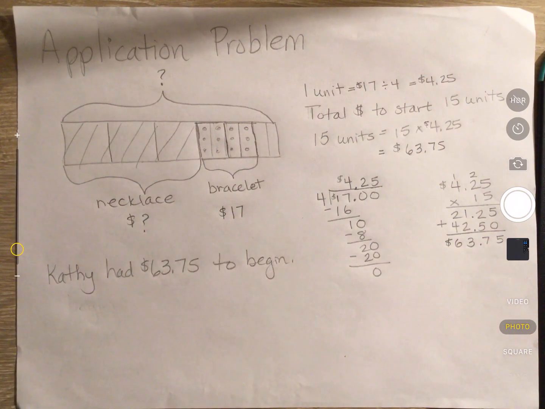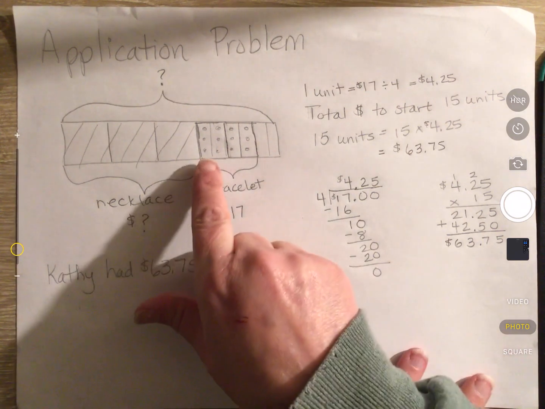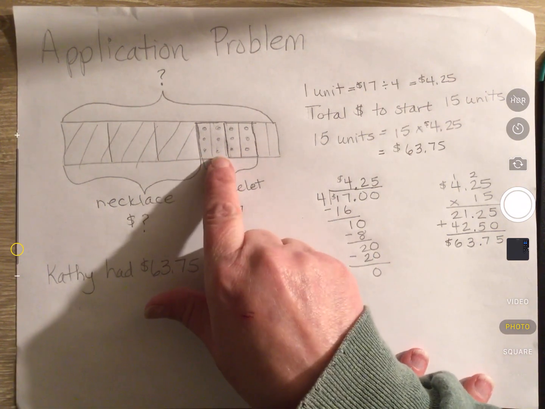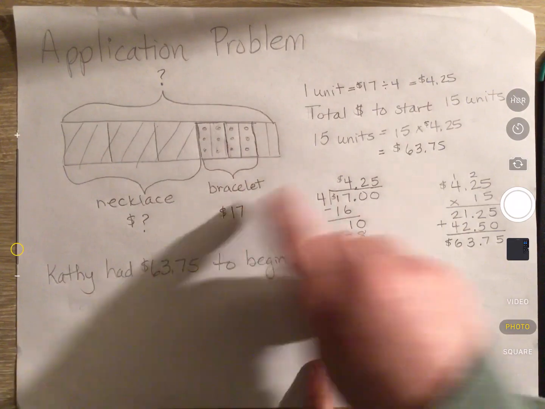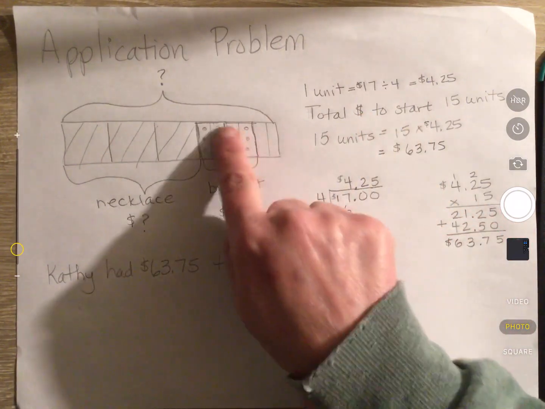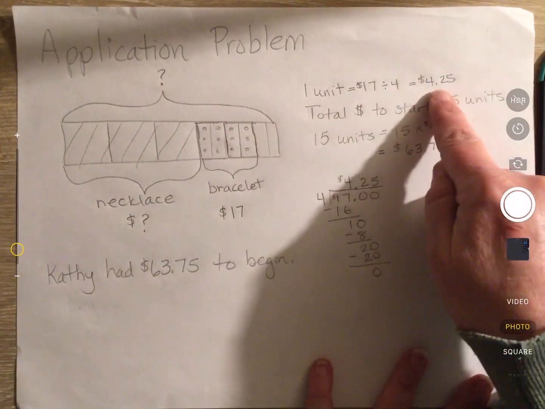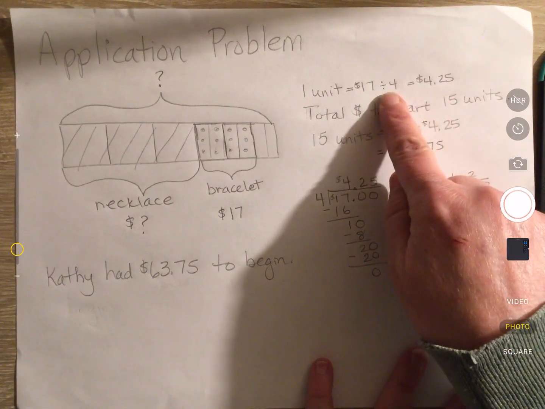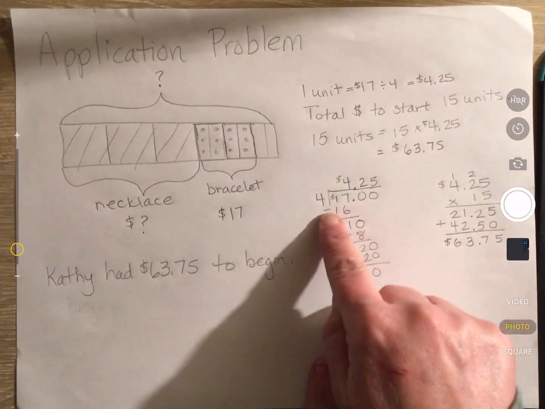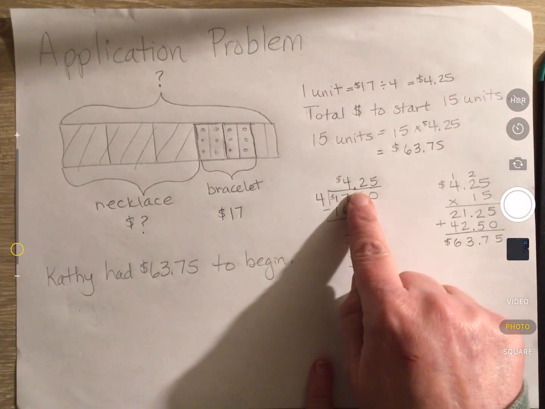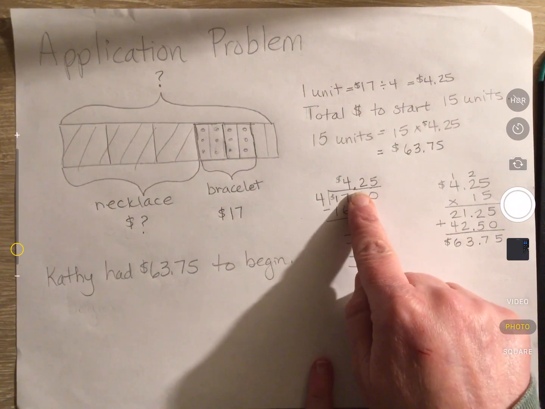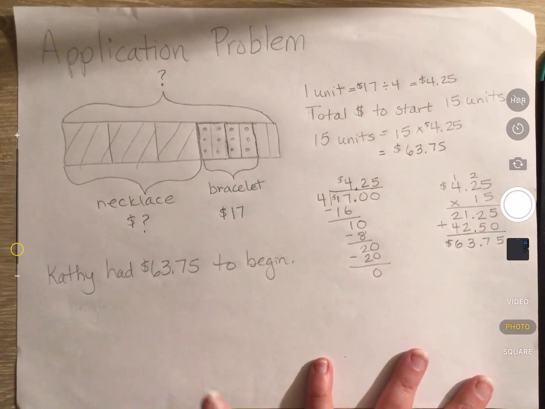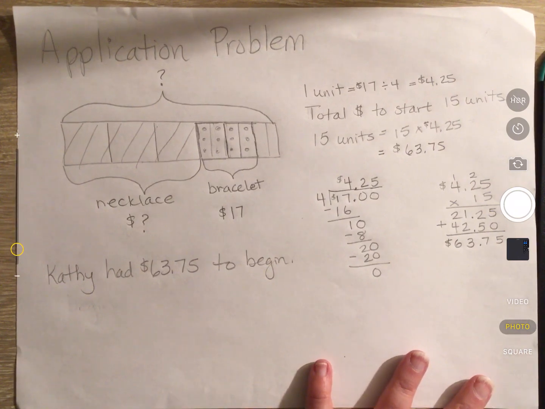So in order to figure out how much money she had to begin with, I had to figure out which one of these parts cost. So I had $17 for these 4 parts, and I divided it. The 17 divided by 4 equals $4.25. So then I need to figure out how much money she had to begin with.